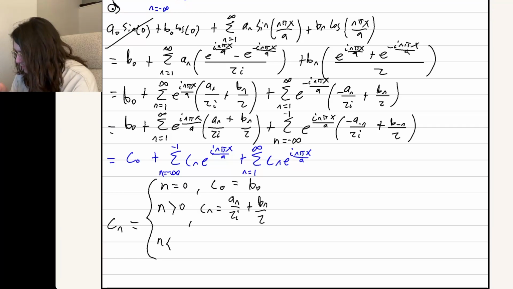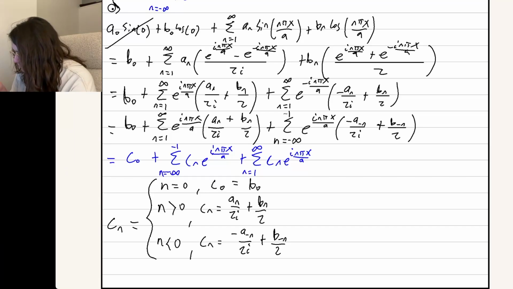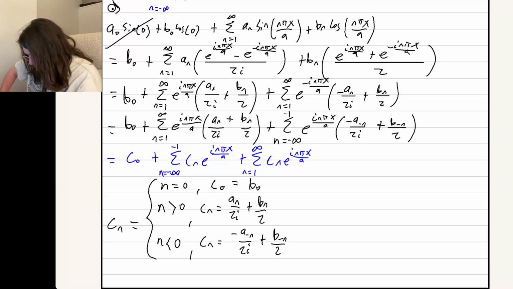And then for n less than 0, we'll compare this constant with this constant, and we see that c(n) equals minus a(minus n) over 2i plus b(minus n) over 2. And then you can just leave it like that, and that's the relationship between the constants.